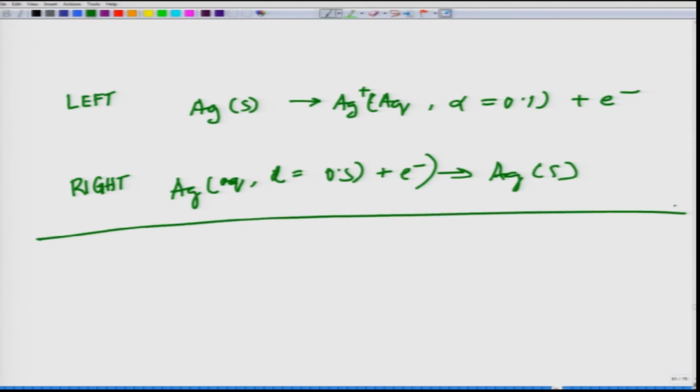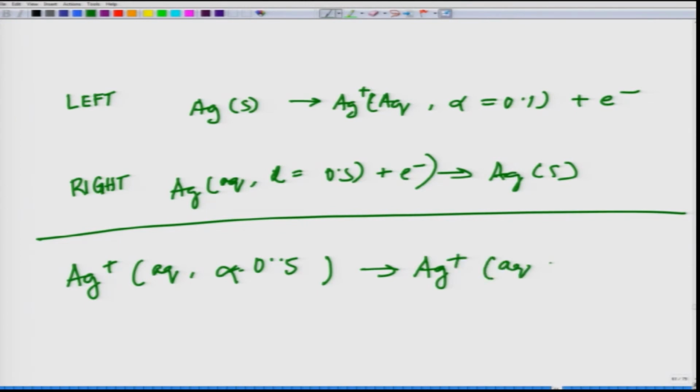So the overall reaction is Ag plus aqueous 0.5 going to Ag plus aqueous, concentration 0.1.